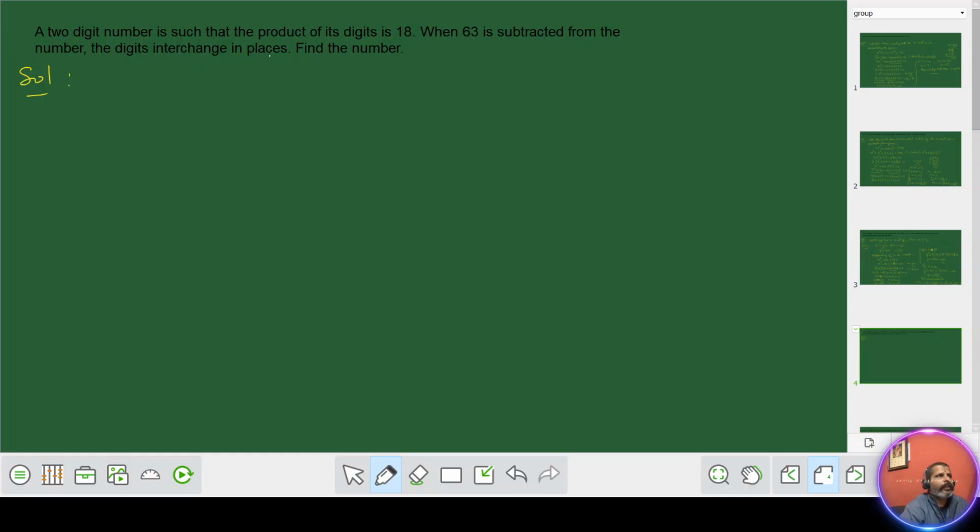So with this one, we need to understand, let the digits of the two-digit number be x and y. Okay, let the digits be x and y. How does the number look like?